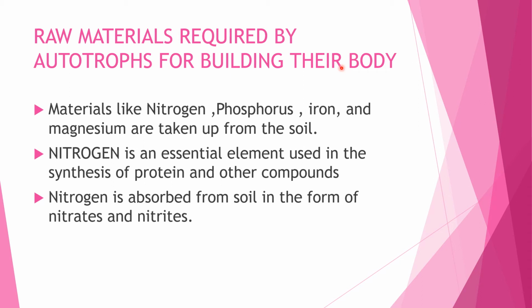Yes, they require nitrogen, phosphorus, iron, magnesium, which are taken up from the soil, while we give fertilizers and manure to the soil during plant growth. They are essential. Nitrogen is an essential element used in the synthesis of protein and other compounds, and nitrogen is absorbed from the soil in the form of nitrates and nitrites.